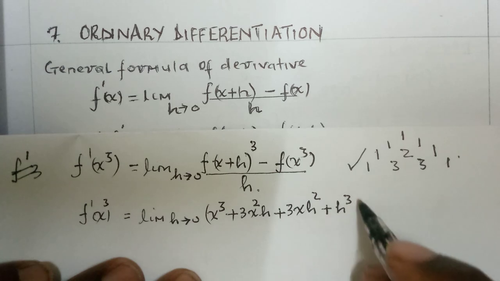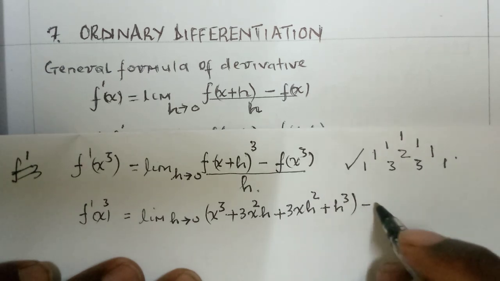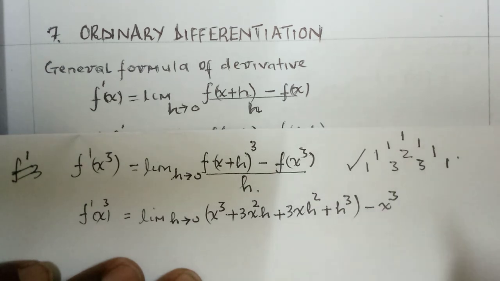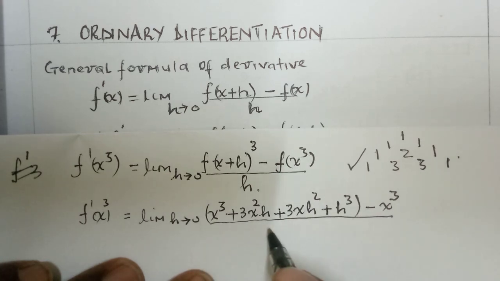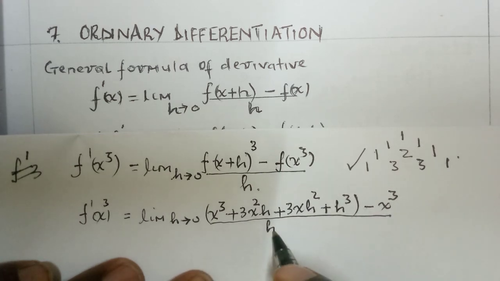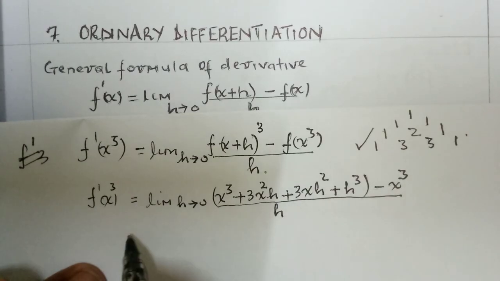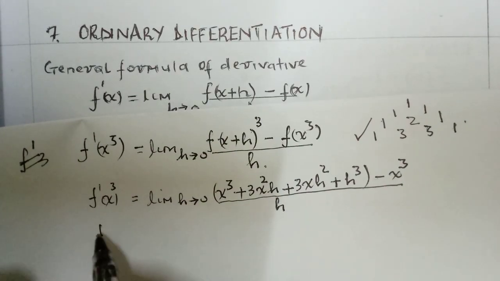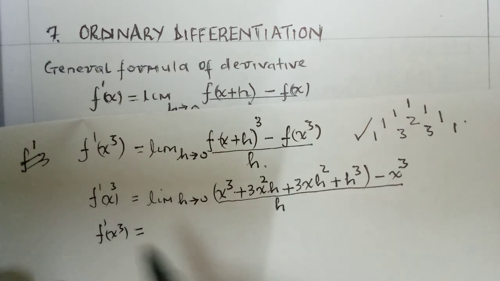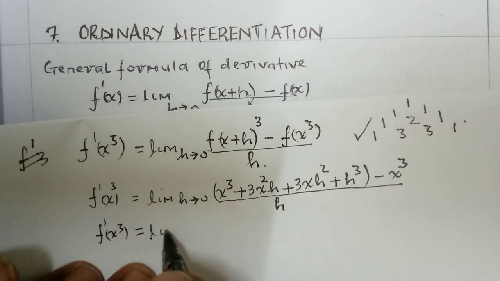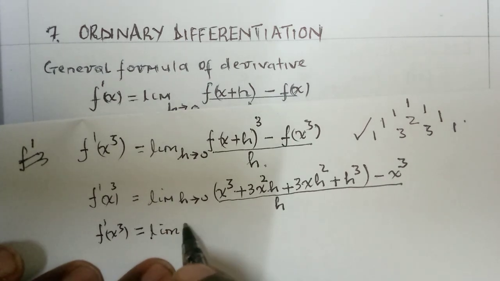That one minus x cubed, all over h. We work that out. So f prime of x cubed gives us the limit as h tends to 0.